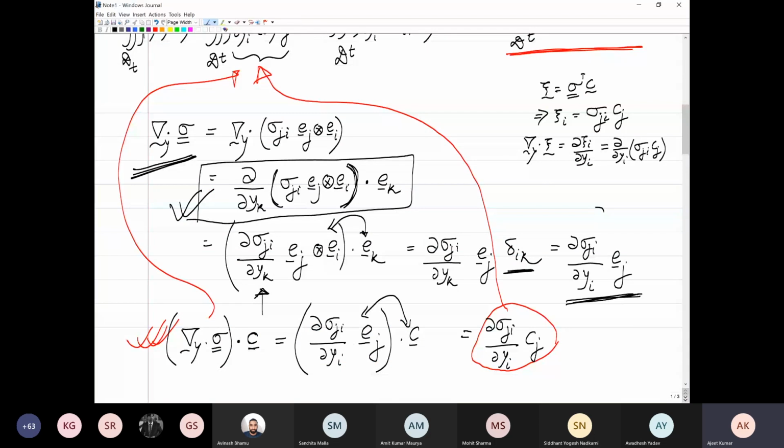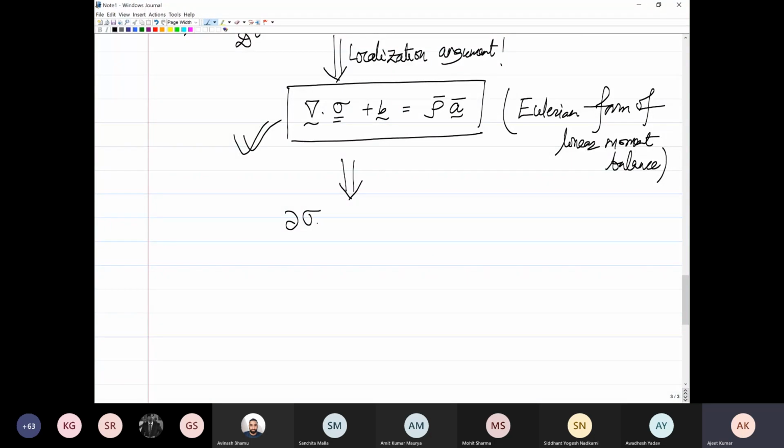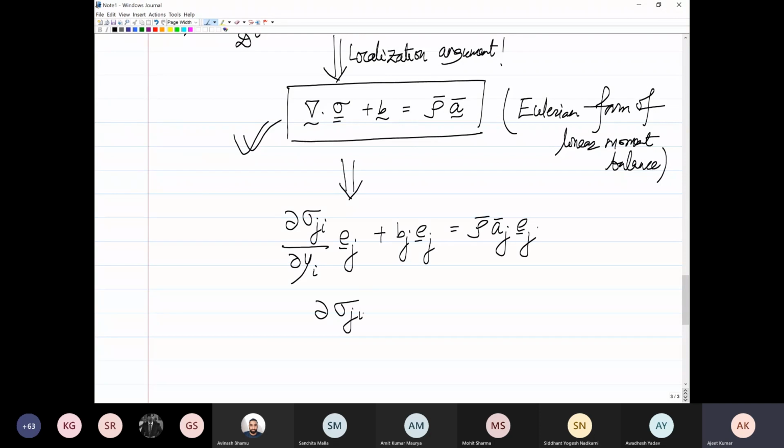So let me write that over here, del sigma ji over del yi ej plus bj ej is equal to rho bar into aj ej, and then extract the ej component from everywhere, and this gives you the component form of the linear momentum balance.